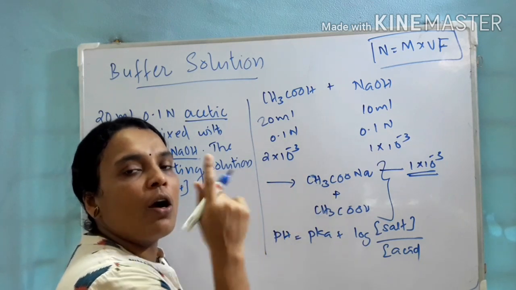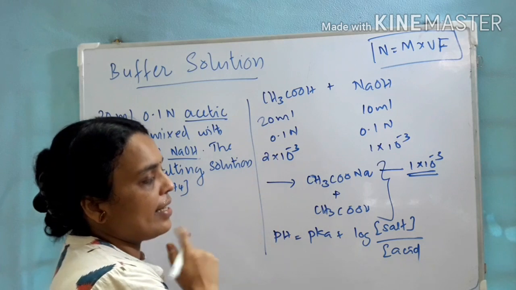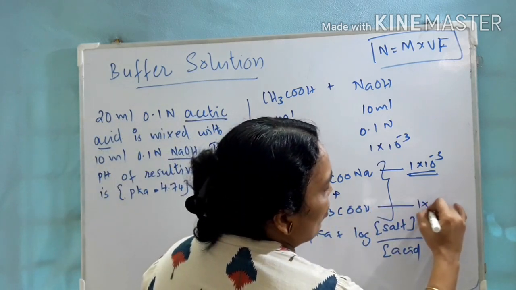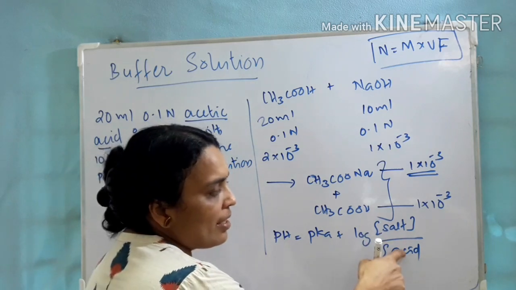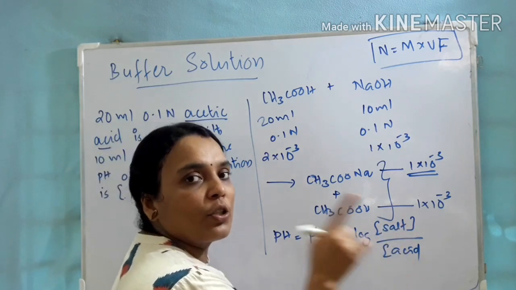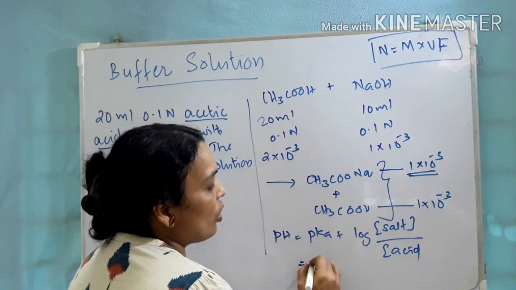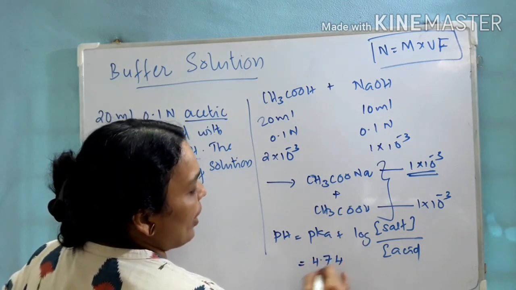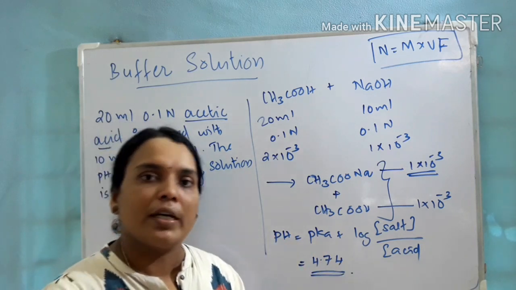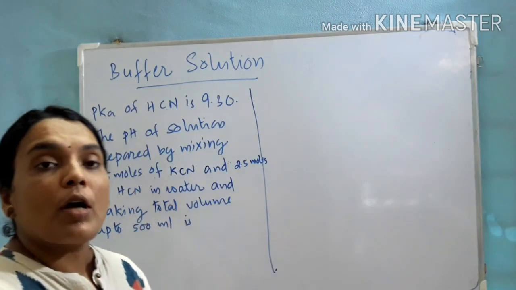So what is remaining? 1 millimole of acetic acid is remaining. That means the concentration of acetic acid is again 1 into 10 raised to minus 3. So this term and this term both are 1. Log 1 is equal to 0. So pH is equal to pKa. The pKa value is already given, that is equal to 4.74.